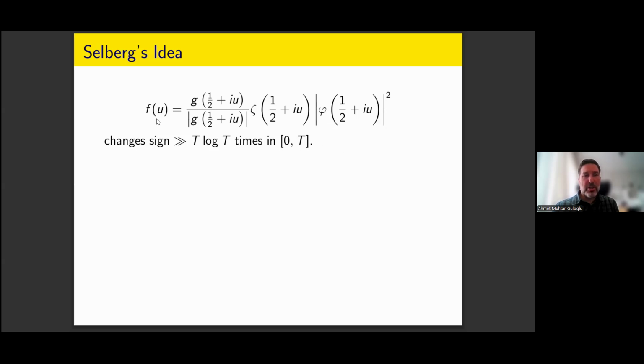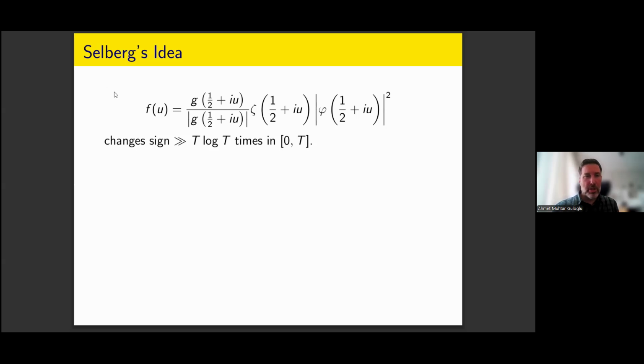So if you can show that the left-hand side, f of u, this entire function, changes sign, then this part should be the one that's changing sign. And every time you change sign, you know that this guy should be zero between these sign changes. That's the idea basically: try to count the sign changes, try to find enough of them.